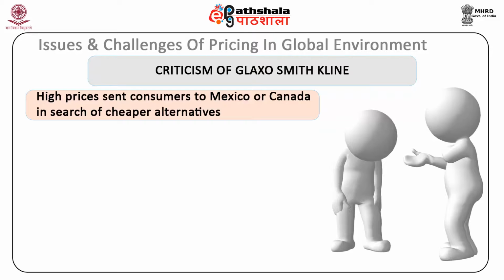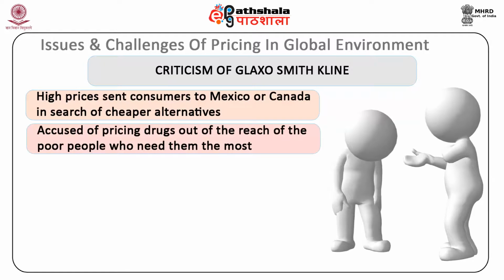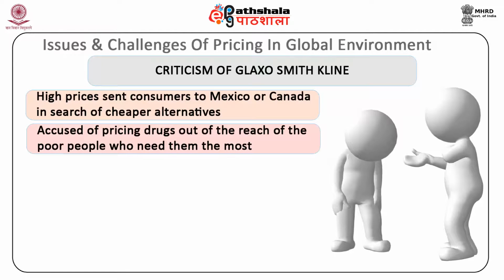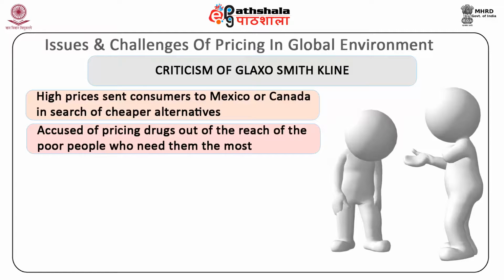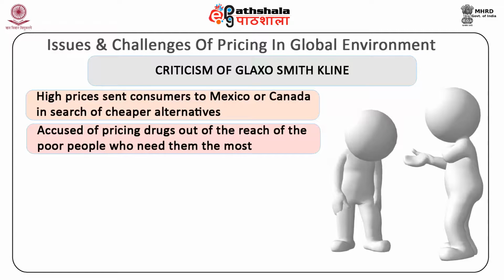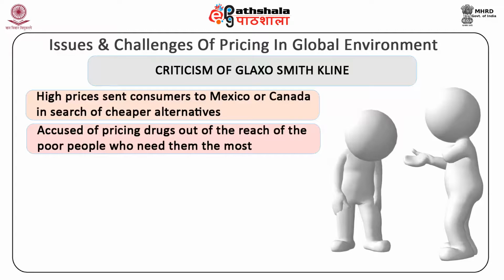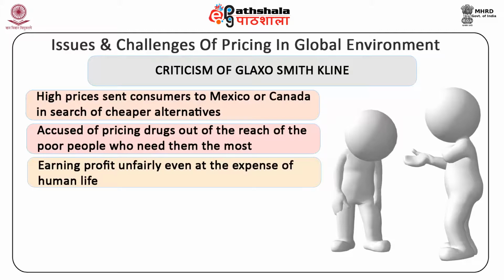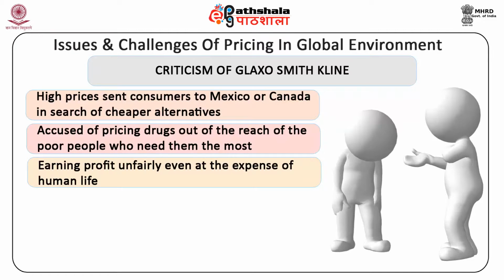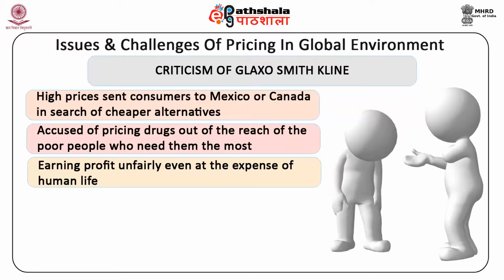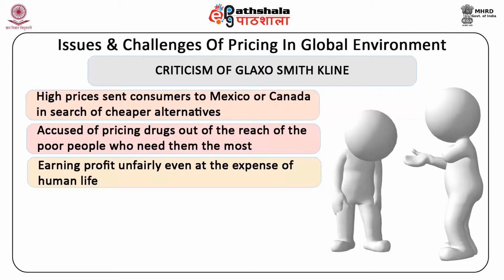Second, GSK has been accused of pricing drugs out of the reach of the poor people who need them the most. Third, GSK earns profits unfairly, even at the expense of human life.